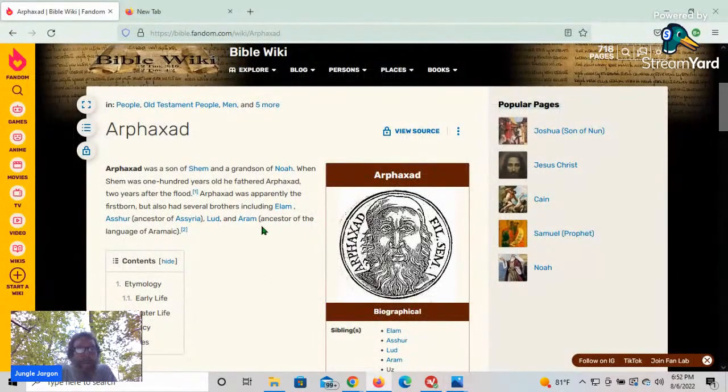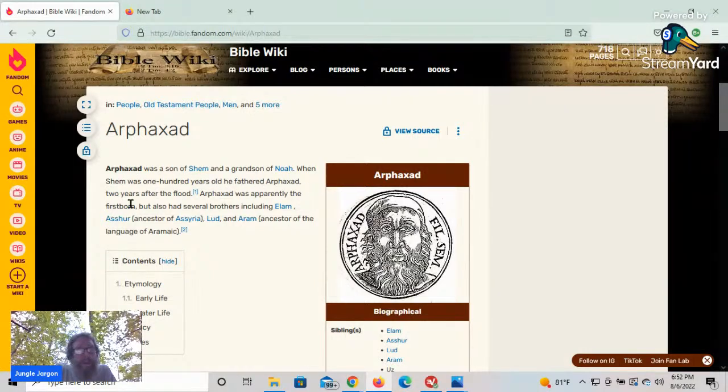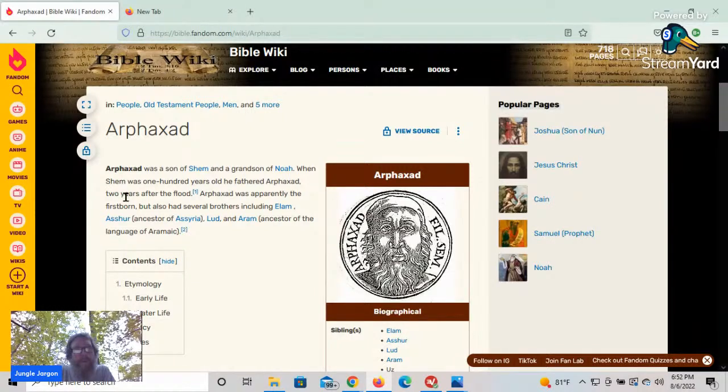This is Bible Wiki. Arphaxad was the son of Shem and the grandson of Noah. When Shem was 100 years old, he fathered Arphaxad, 2 years after the flood. Okay. So Japheth was born first. 2 years after the flood, Arphaxad was born. Arphaxad was apparently the firstborn.